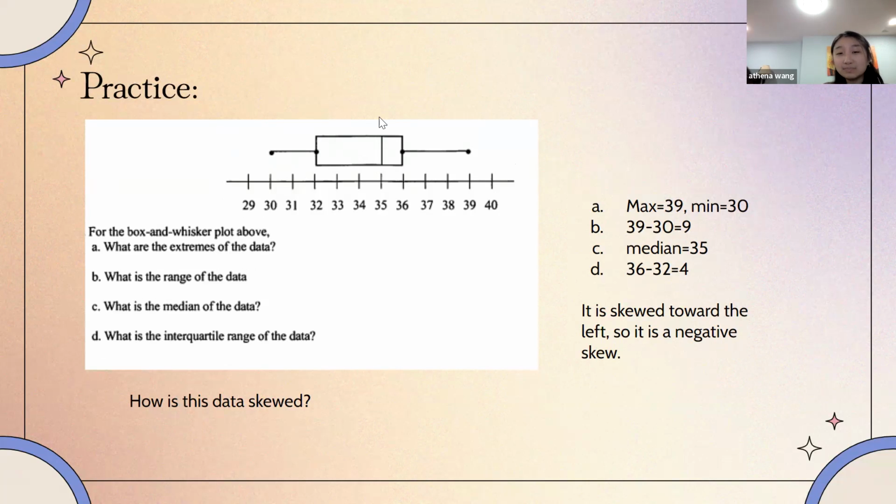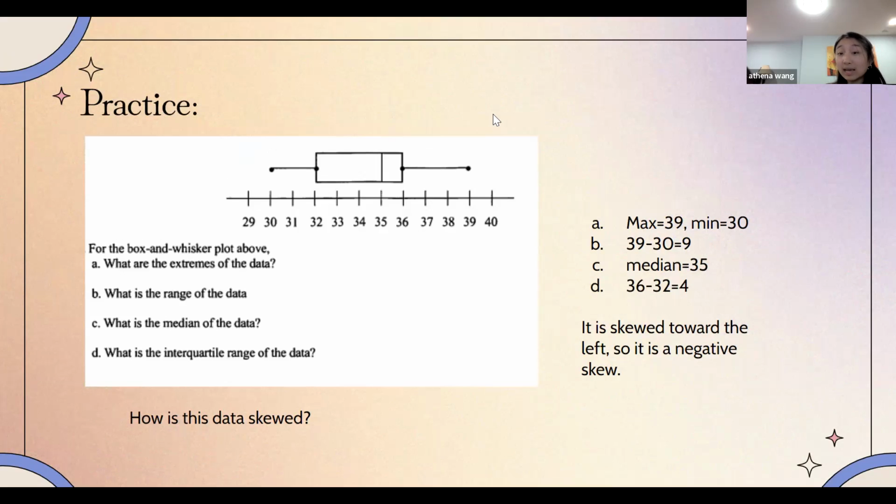And then our median, it's the line in the box, so that's 35. And then our interquartile range is between Q3 and Q1, so it's 36 minus 32, which is 4. And it is skewed to the left because more of the data is on the left. So that means it is a negative skew.